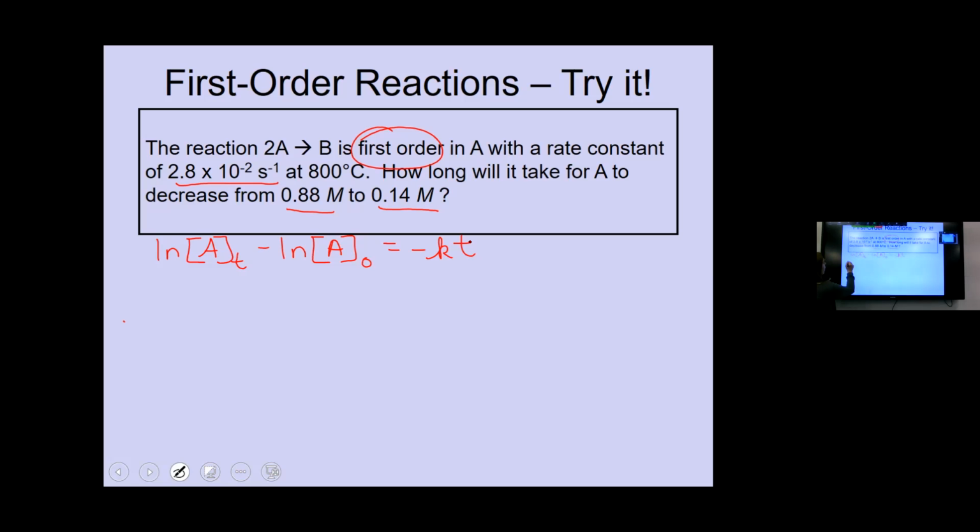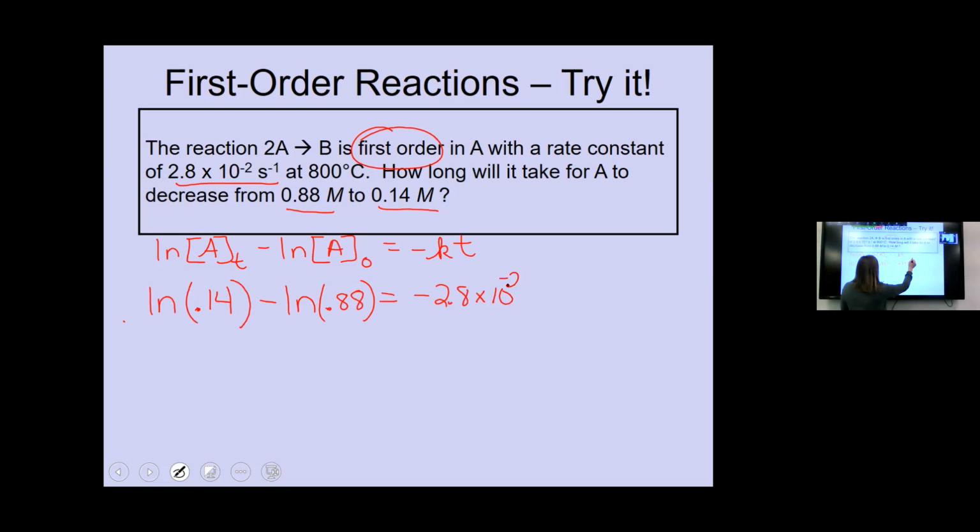So natural log of A at time t, that would be the 0.14, minus the natural log of the initial concentration, the 0.88, is equal to negative K. K is 2.8 times 10 to the negative second per second. And then t is what we are looking for.